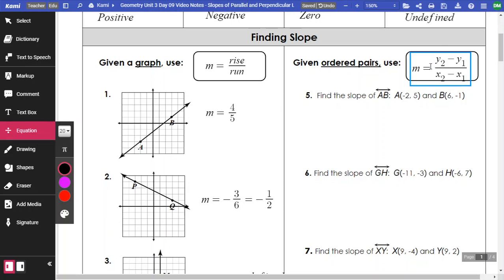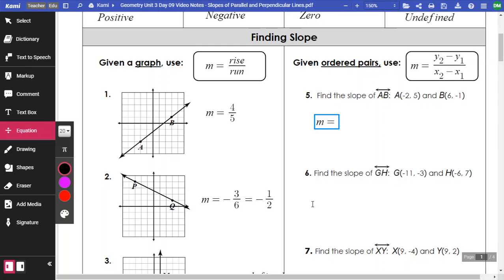And here's the trick. It doesn't matter which point is point 1 and which is point 2, as long as they stay the same. So if I pick A to be point 1, then I need to pick B to be point 2 on both x and y. I can't flip-flop. If you do that, you're going to end up with the right number, but it's going to have the wrong sign. It'll be negative when it should be positive.